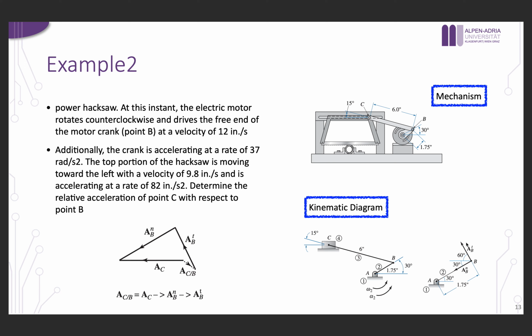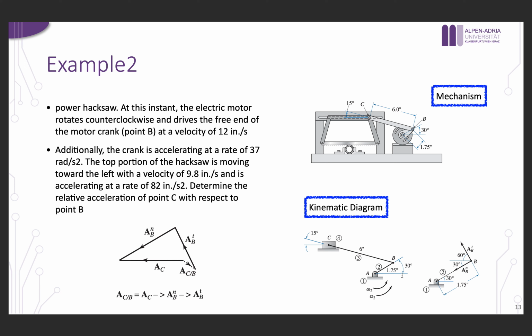We have a mechanism, and as we see here, it has this kinematic diagram. It has one link, a second link, and a third. So we have the frame, of course, 1, 2, 3, 4, and 4 is sliding. Now the driver is here. We know its angular velocity and angular acceleration.